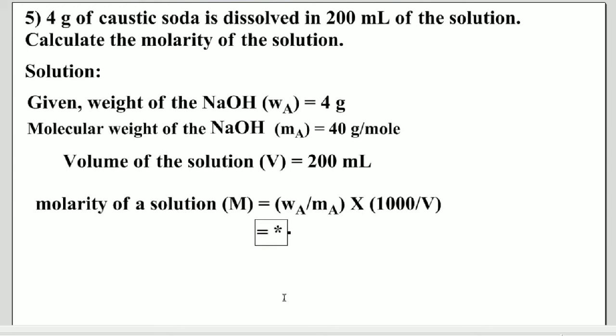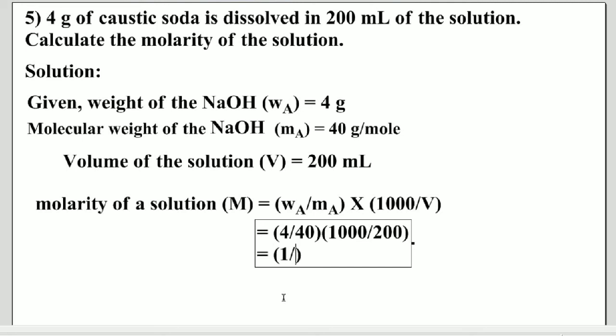We get weight is 4 and molecular weight is 40, into 1000 by 200. 4 by 40 means 1 by 10, into 1000 by 200, which is 5. That equals 1 by 2, that is nothing but 0.5.